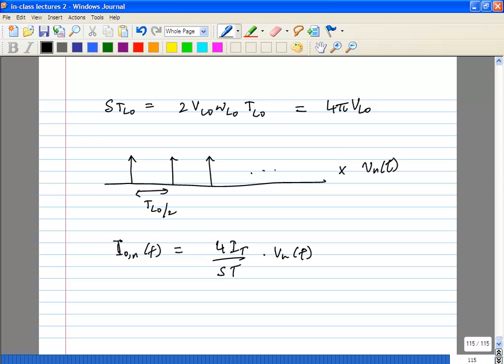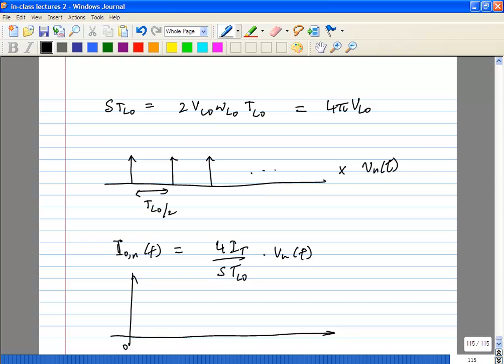We saw In of t was 4 It over S T TLO Vn of t, and the noise spectrum is going to look like this. So what do we know for flicker noise? And what else do we know about this?